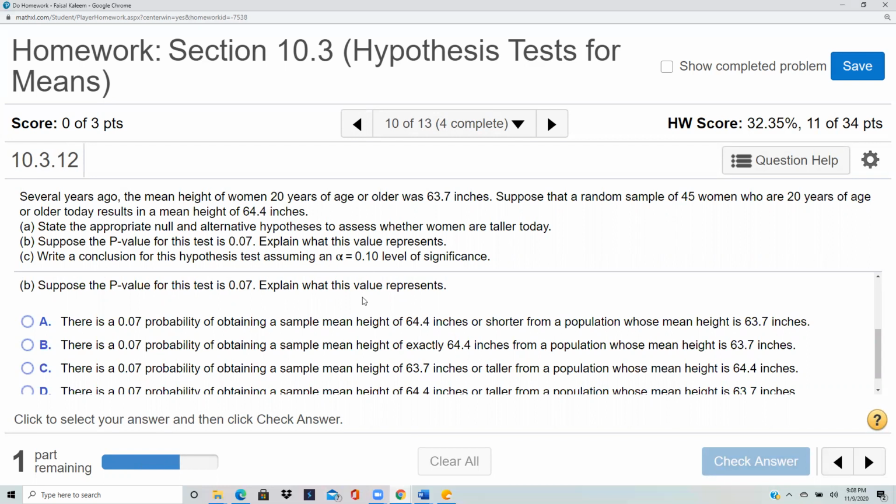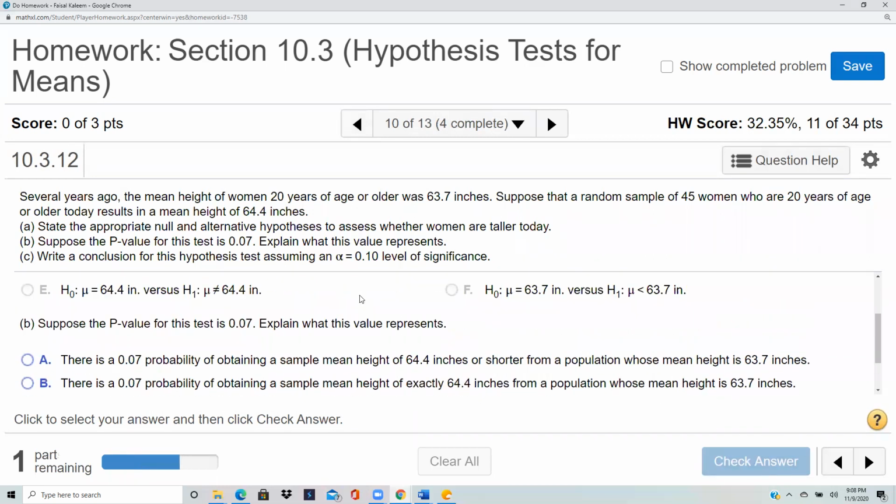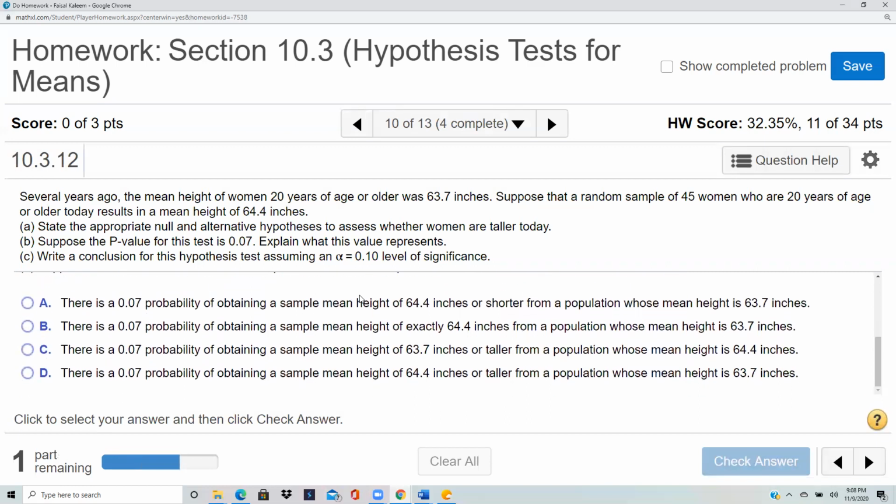Right now they're just asking what the p-value means. Remember, we did a couple of problems like that. It's the probability of obtaining a sample mean height greater than or equal to the test statistic.